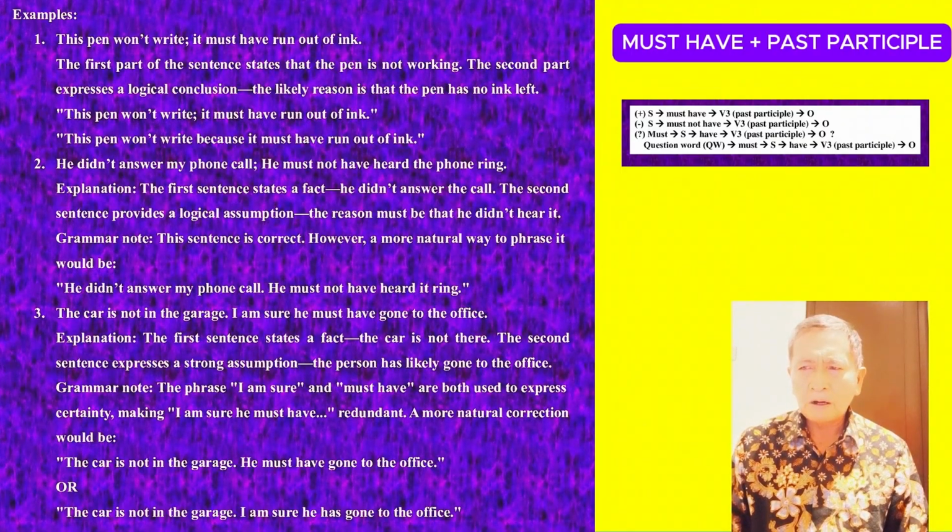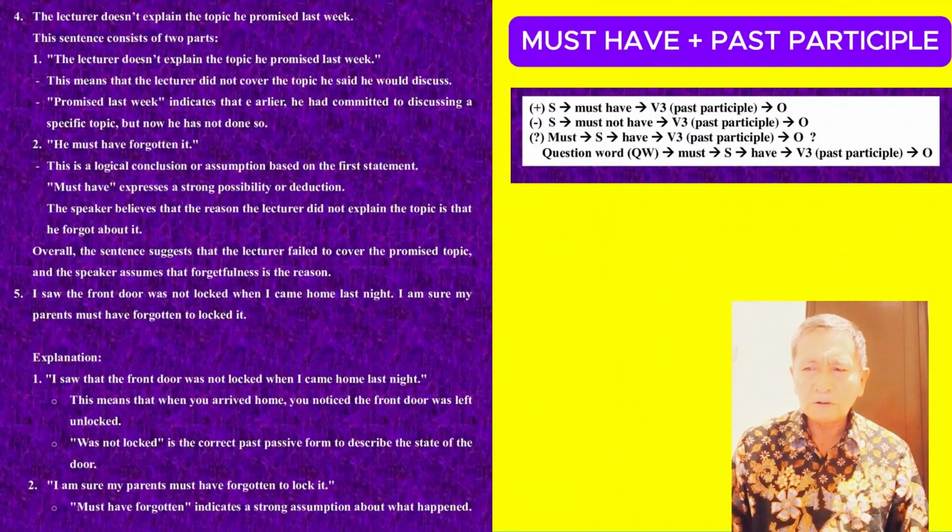A more natural correction would be: the car is not in the garage. He must have gone to the office. Or: the car is not in the garage. I'm sure he has gone to the office.